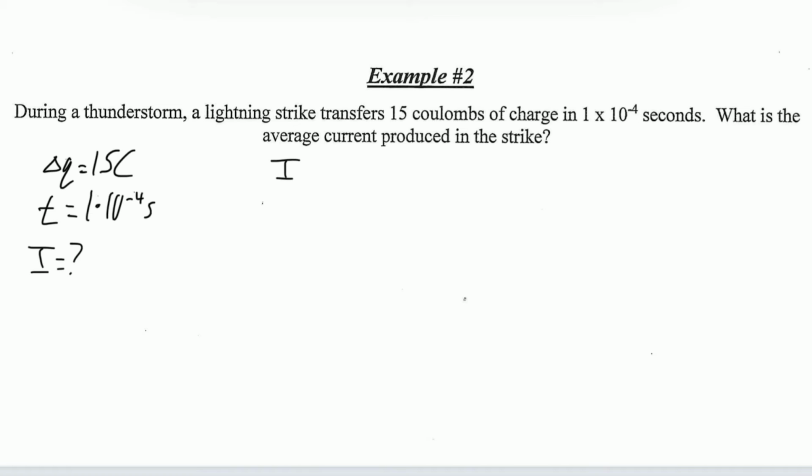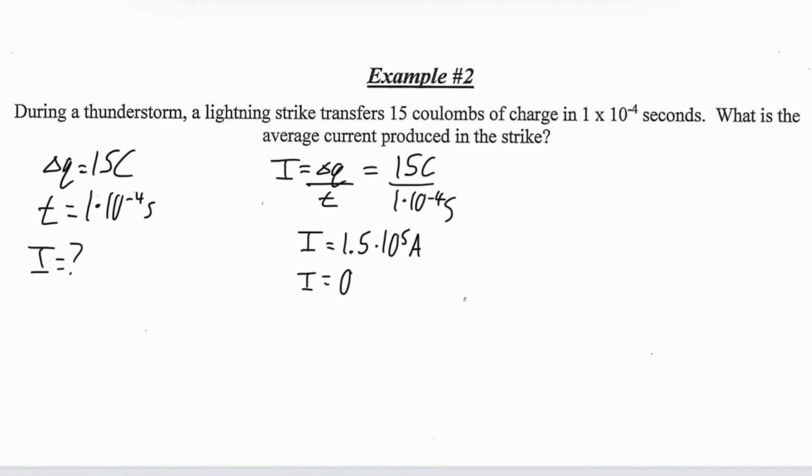So write out our equation, I equals delta Q over T. Plug in our numbers: 15 coulombs divided by 1 times 10 to the minus 4 seconds, to get a total amount of current equal to 1.5 times 10 to the 5 amps. Or we can rewrite this as 0.15 mega amps.